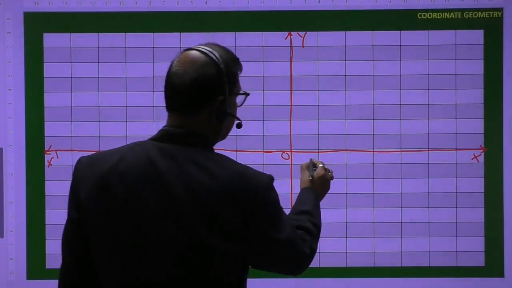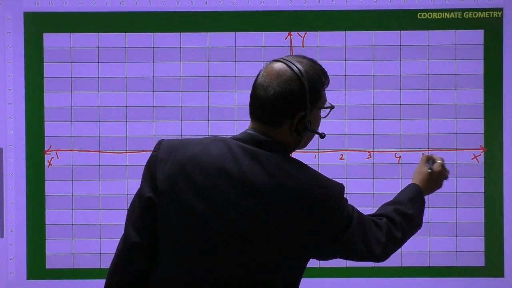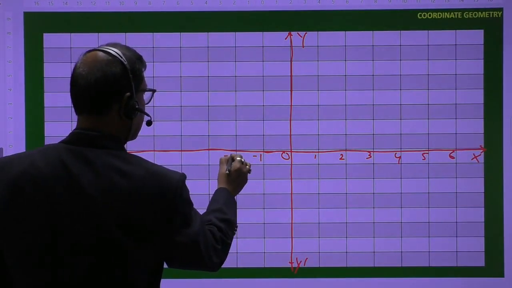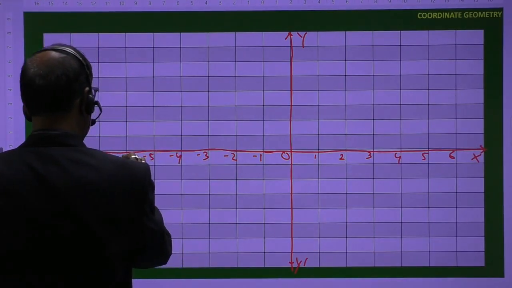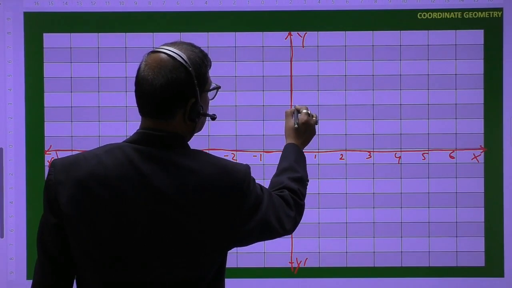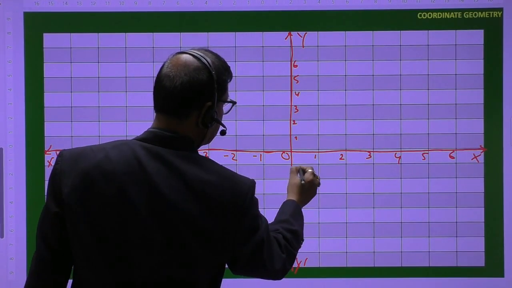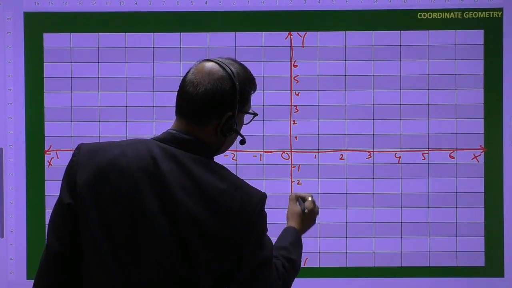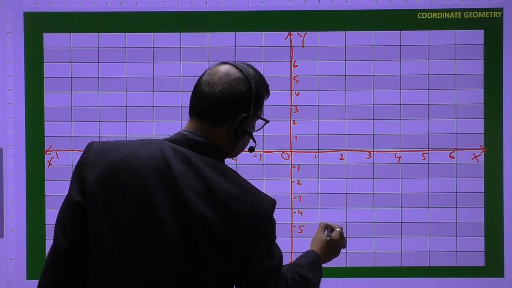So first I am marking here, this is 1, this is 2, 3, 4, 5, 6, and here minus 1, minus 2, minus 3, minus 4, minus 5, minus 6, and here 1, 2, 3, 4, 5, 6, and this is minus 1, minus 2, minus 3, minus 4, minus 5, like this.